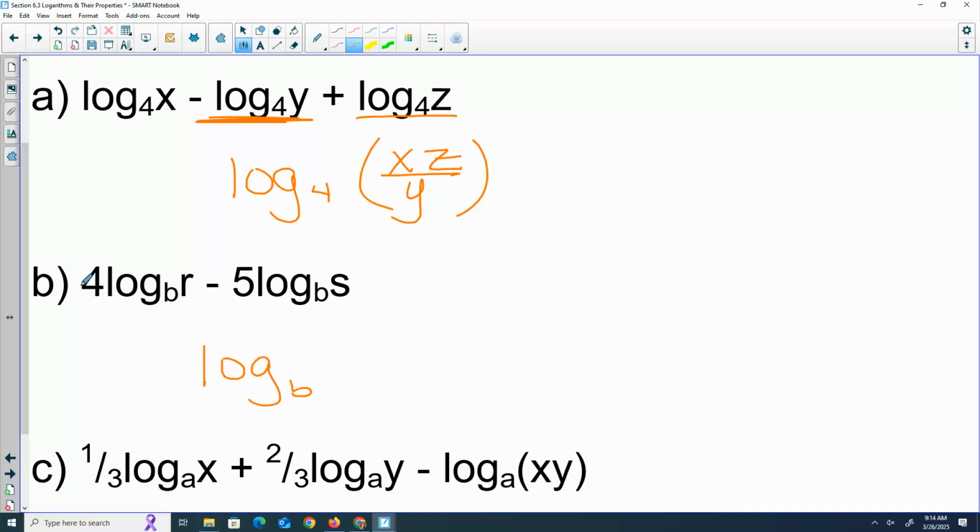Base b 1 time. This 4 would be the exponent on r, so that's r to the 4th. 5 is the exponent on s, but that was subtracted, so s to the 5th is on the bottom.